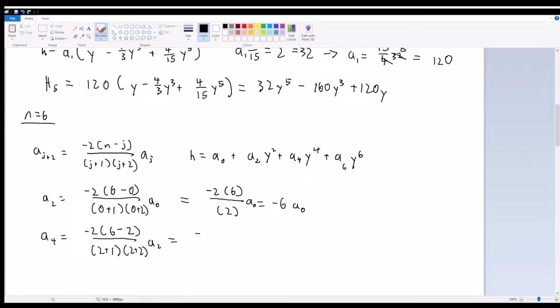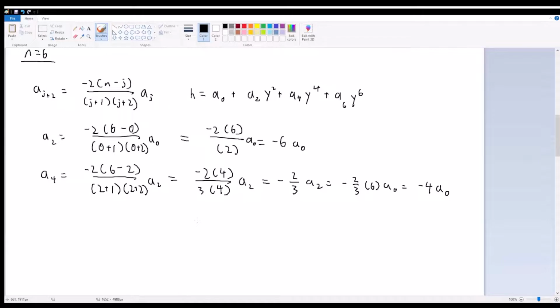Next one, a4 is equal to negative 2 times (6 minus 2) over (2 plus 1), (2 plus 2), a2. This is going to give us negative 2 times 4 over 3 times 4. The 4's cancel. What we're left with is negative 2/3 a2, which equals negative 2/3 times negative 6 times a0, which equals, what is that, negative 4 a0. Final one, a6, this is equal to negative 2 times (6 minus 4) over (4 plus 1), (4 plus 2), a4.